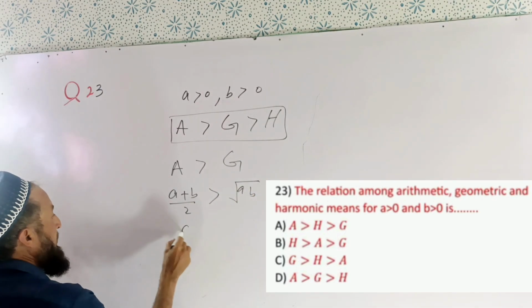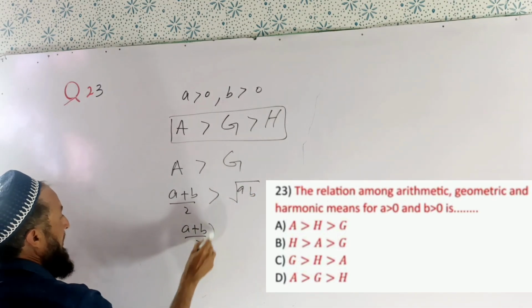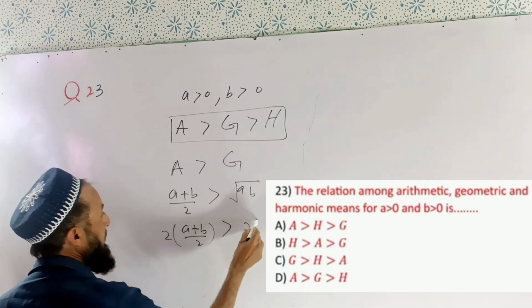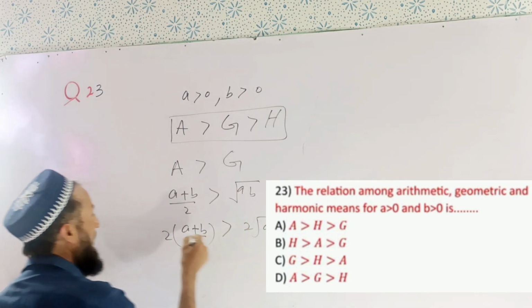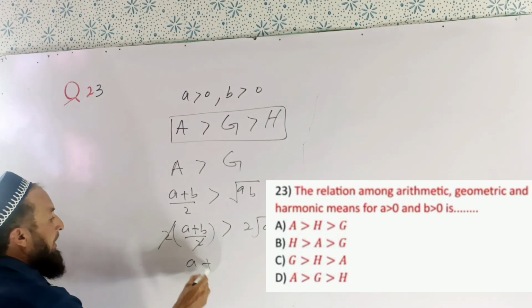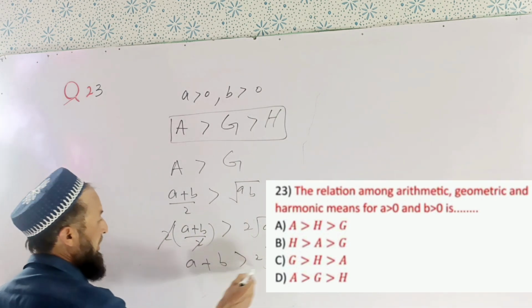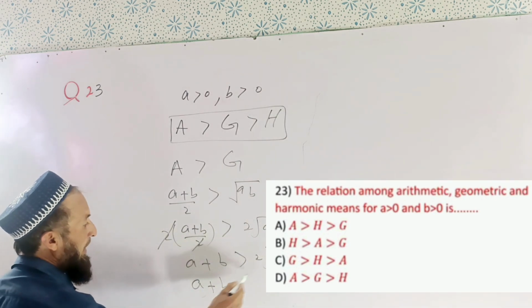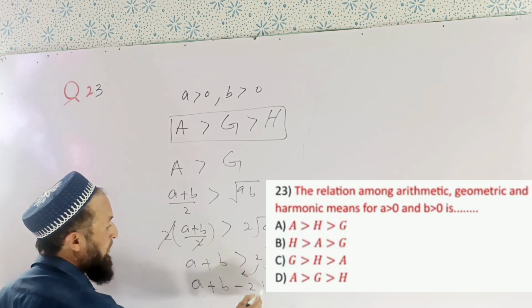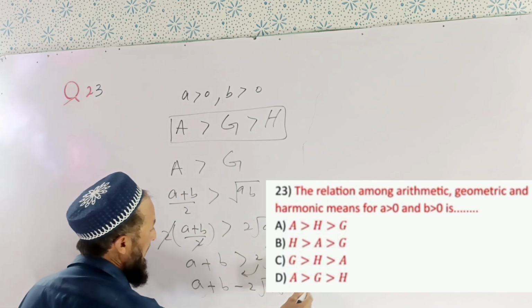Multiplying both sides by 2, we get A plus B greater than 2 root AB. Changing this, A plus B minus 2 root AB is greater than 0.